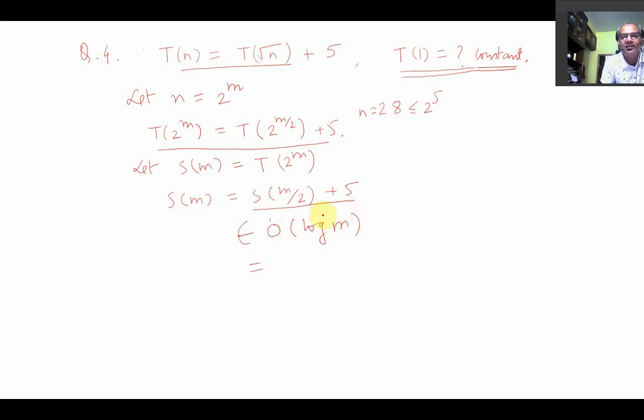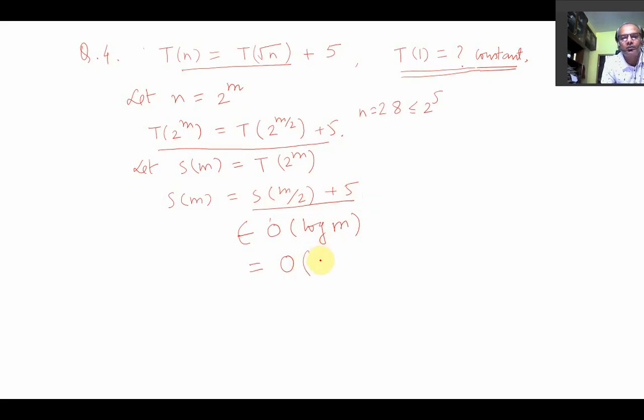Because this is a binary search type recurrence, all of you know about it. You have done the binary search by iteration, but it can be done by recurrence also, and this recurrence will give you the idea about the binary search algorithm's time complexity.